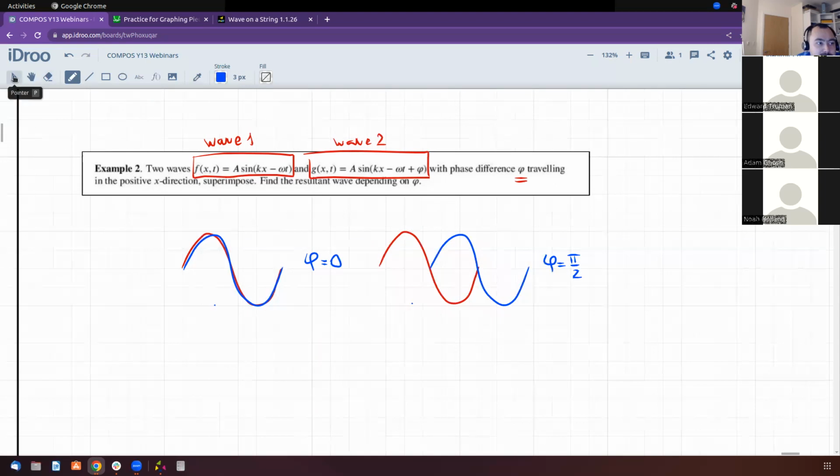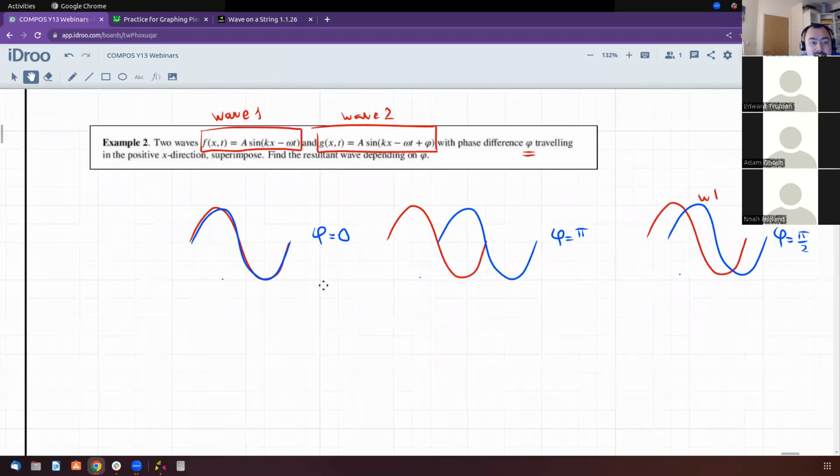And if we have the waves like this, oh sorry, that's not pi over 2, that's pi. And this is pi over 2, so a quarter of a cycle. The phase difference is the lag of one wave behind the other.